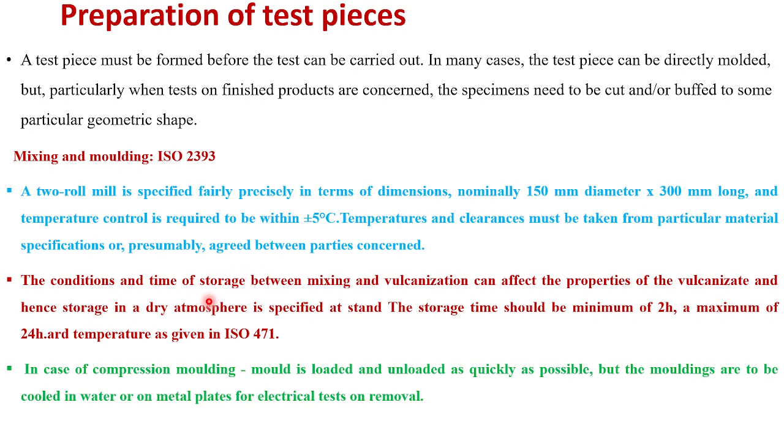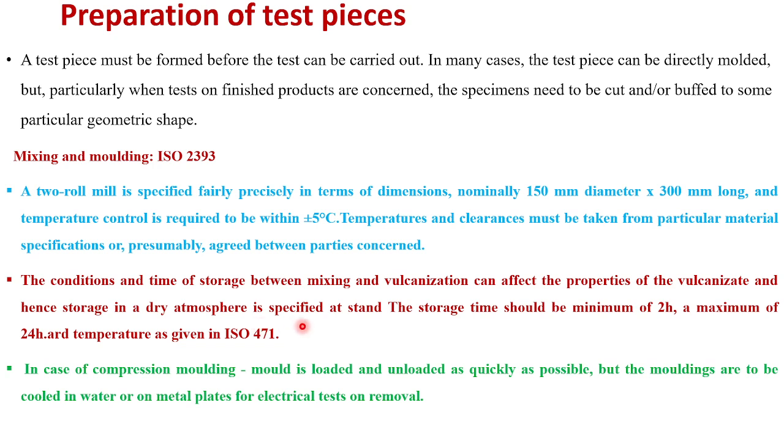The condition and the time of storage between mixing and vulcanization can affect the properties of the vulcanizate. It is very much important. After the master batch preparation, before going for the final batch preparation, there must be some storage time. Otherwise, the property will vary or may deteriorate. Hence, storage in a dry atmosphere.